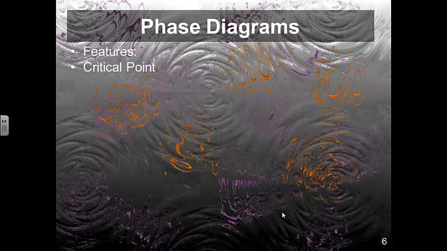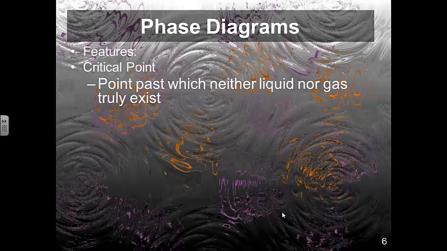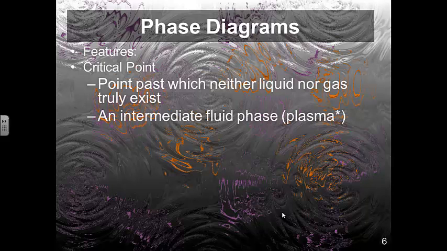The next one we'll look at is called the critical point. The critical point is the point past which neither liquid nor gas truly exist. The critical point is the end of the liquid-gas line, and past that point, instead of having a separate liquid and a separate gas phase, you get an intermediate fluid phase, otherwise known as plasma.